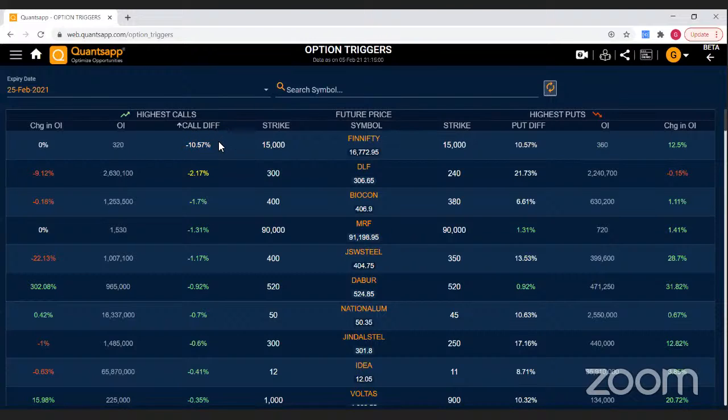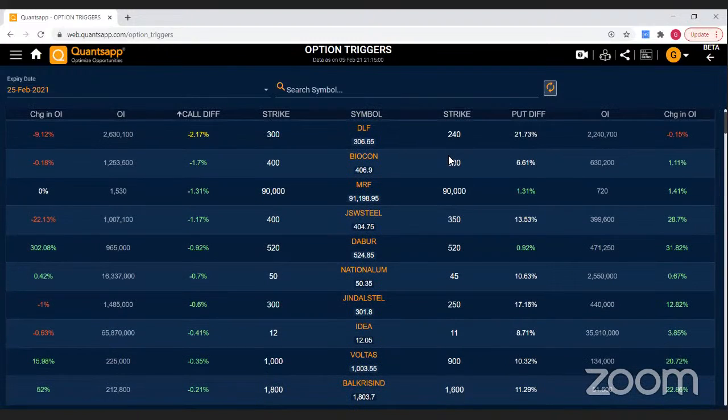First, we see the difference of your highest call from the future price. Say the Fin Nifty future is trading at the 16,700 level and the highest call is at the level of 15,000. So the highest call is below the future price, and that is approximately 10.5%. Let me take another one.